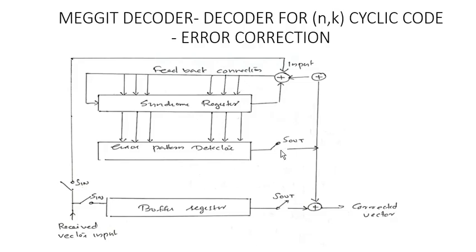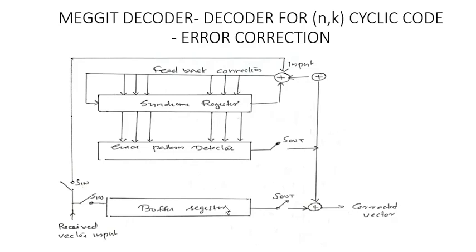If the error pattern detector output is 1, it means the rightmost digit of the buffer register content is in error, so that will be corrected. That means if the rightmost buffer register content is 1, it becomes 0 when the error pattern detector output is 1. Then the error pattern detector output is fed to the syndrome register.